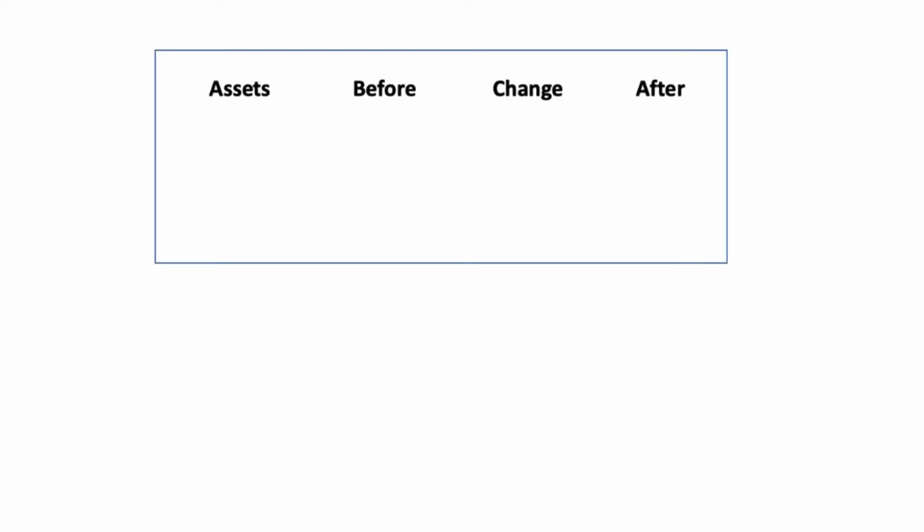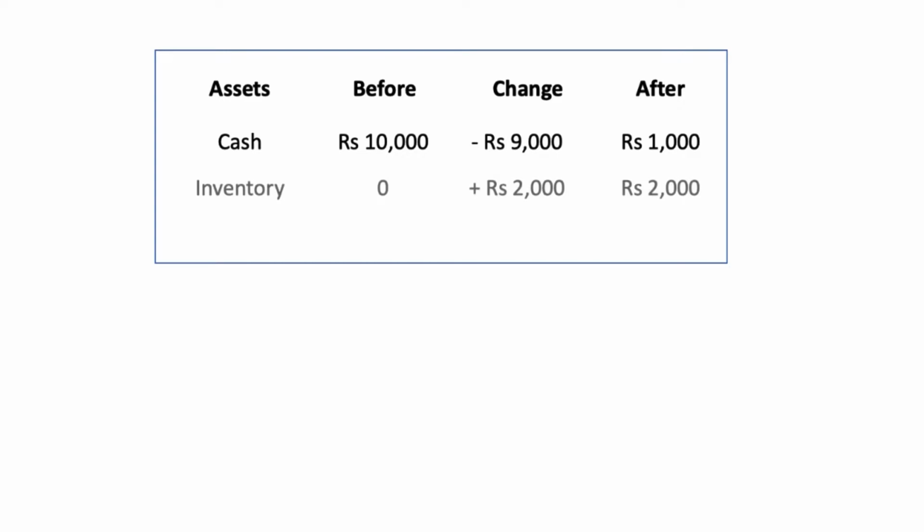Let's look at our asset side. Before, our cash is 10,000. We know that we have spent 9,000, so the change is 9,000, and at the end we are left with 1,000 rupees as cash. Inventories, which is basically coffee beans and milk, we did not have anything before.